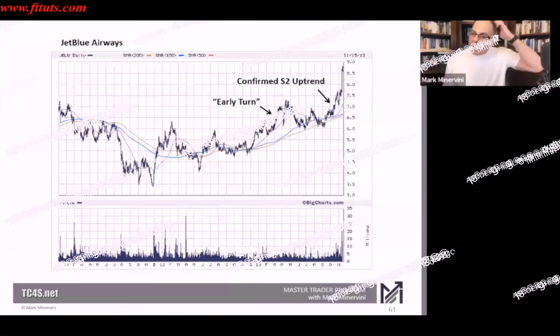Real quick on the trend itself, a confirmed stage 2 uptrend is when you've got the 200 days in an uptrend for 4 or 5 months, and you've stair-stepped your way higher. The 1 month on there is what we call an early turn.